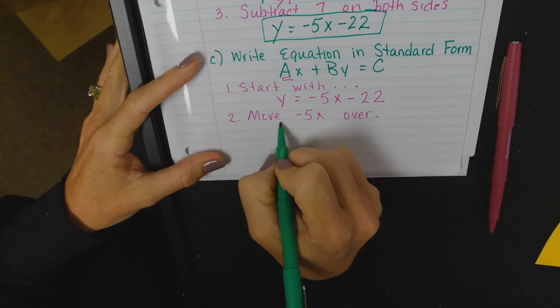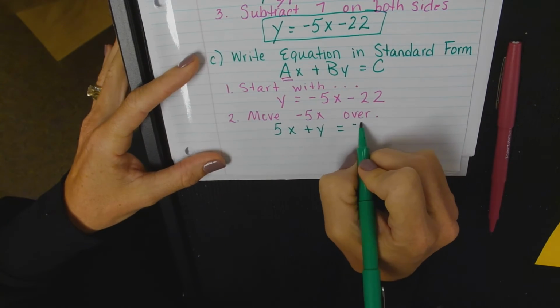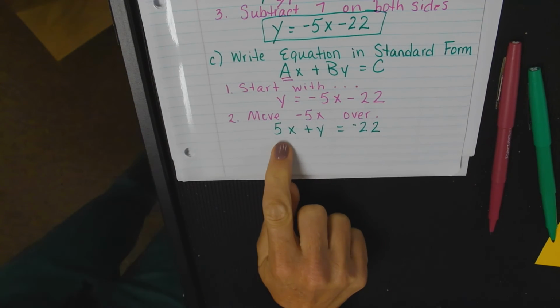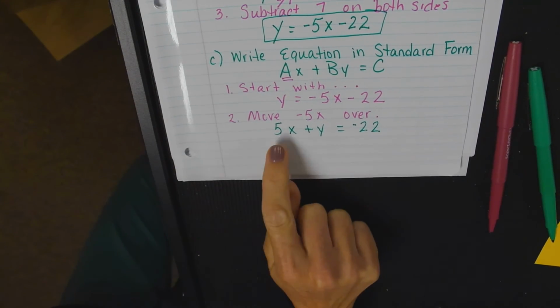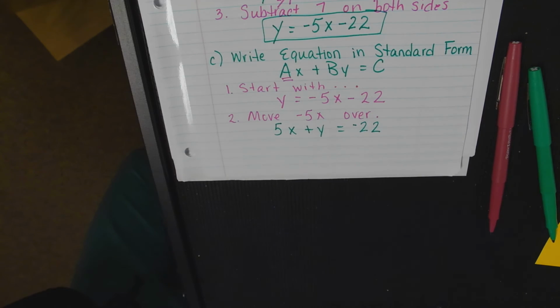And your final answer, 5x plus y equals negative 22. Does this fit my A rules? Yeah. If this were negative, y'all remember the shortcut? Everything changes. Okay? Everything changes.